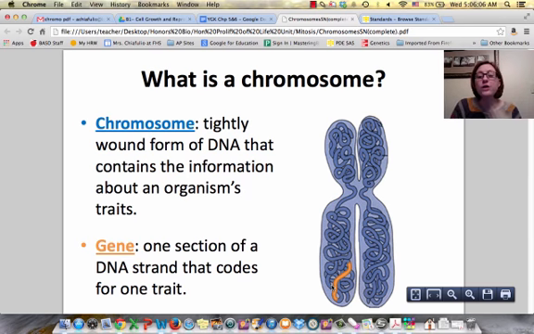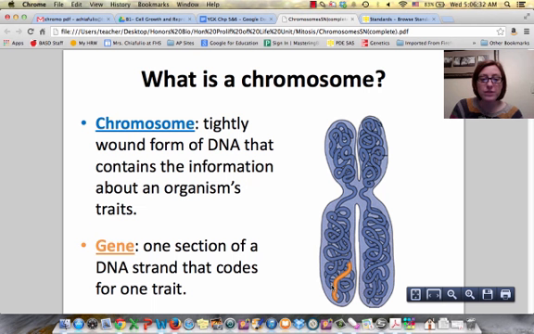Okay, so for example, in my DNA, I have a gene and it codes for my hair color. Okay, in my sequence of the code, that gave me a reddish tint to my hair. But if you don't have that, then you're still going to have a gene for hair color. It's just that your gene sequence is going to be different, and I'll explain that a little more in a future slide.